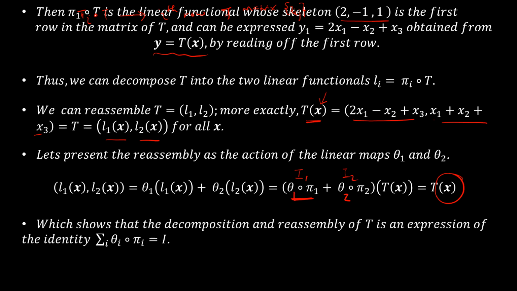Which shows that a decomposition and reassembly of T is an expression of identity, this injection times the projection. These mappings, when summed together, amount to the identity I that we saw previously.